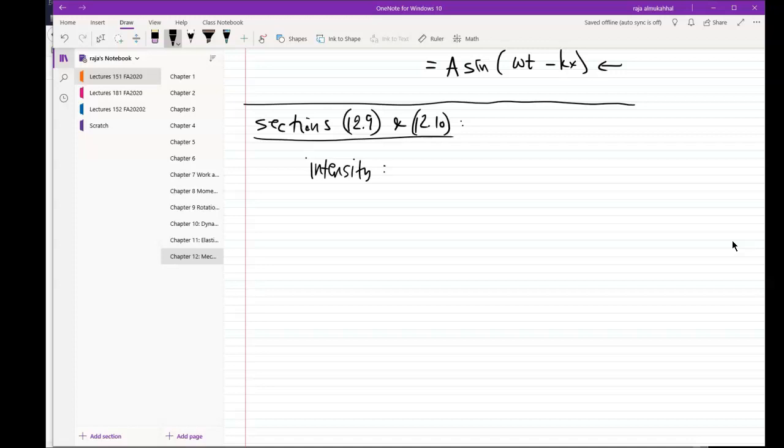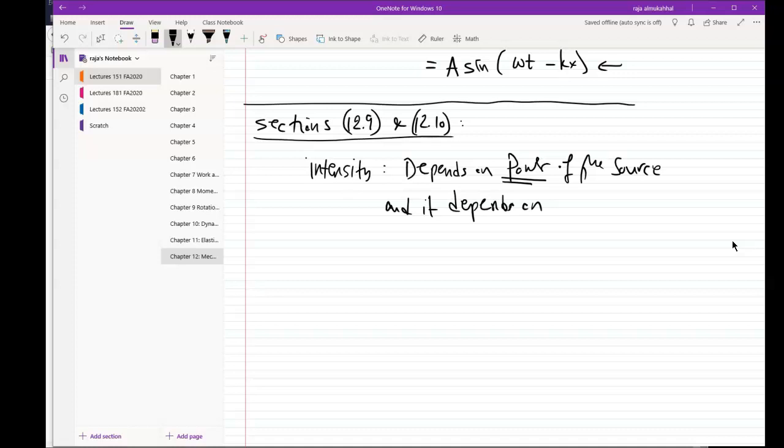So here, intensity depends on the power of the source, and I'm going to underline the word power because I want to come back to it, and it depends on distance.